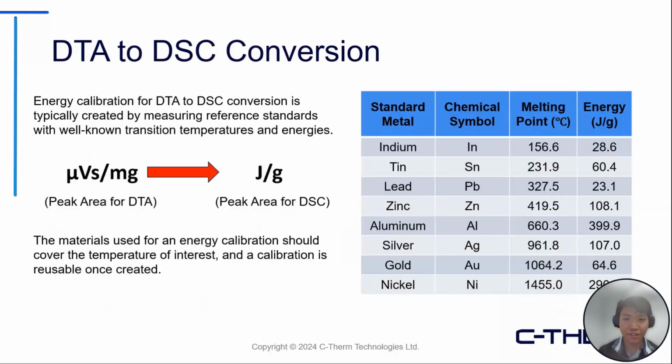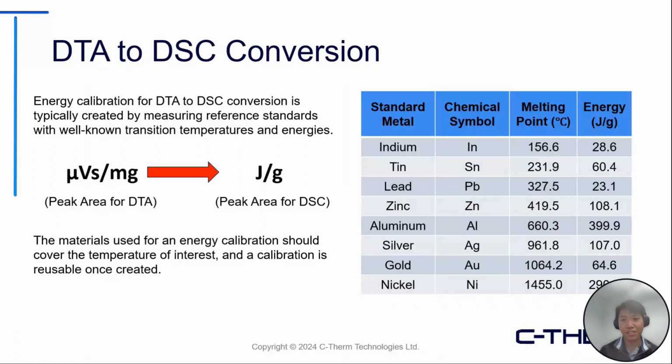Typically this conversion is done by measuring a known reference material with a known energy of reaction over the temperature range of interest. For example, indium has a very well-known energy of melting at 156.6 degrees Celsius.